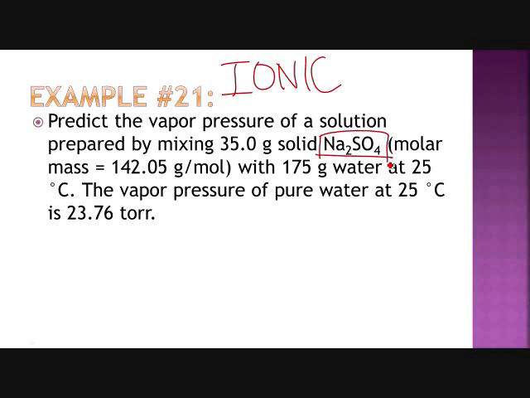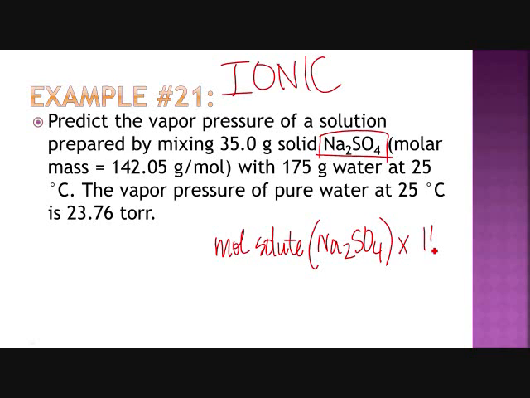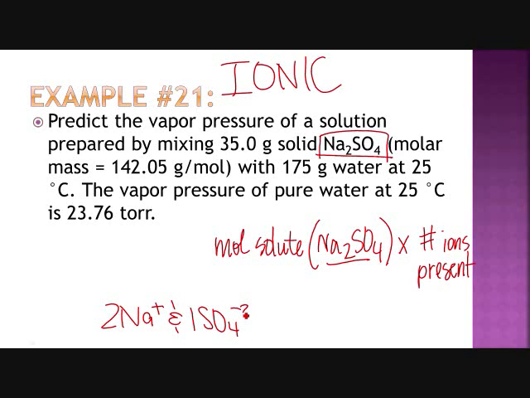When you are dealing with this problem and you solve for the moles of your solute, which is the sodium sulfate, you have to take it times the number of ions present, which in this case, there are 2 sodium ions and 1 sulfate ion. So that makes a total of 3 ions.